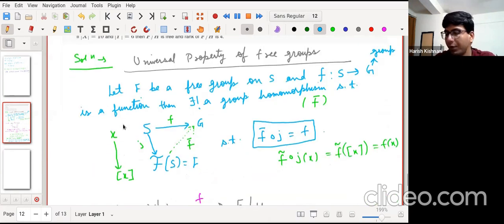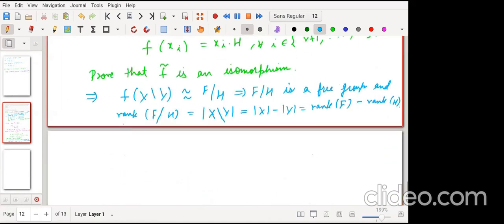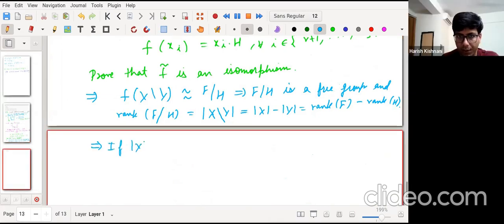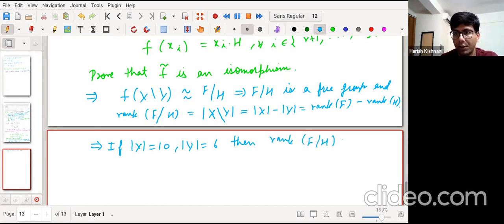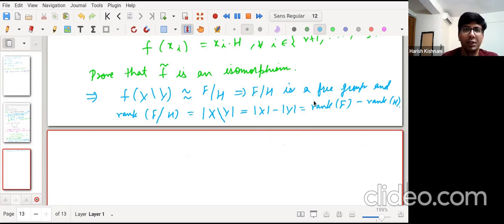So it has to be 4. So if |X| is 10 and |Y| is 6, then the rank of F by H is 10 minus 6, that is 4. Okay, so that's it. If you have any doubts, then you can ask. Otherwise, we will stop the session here.